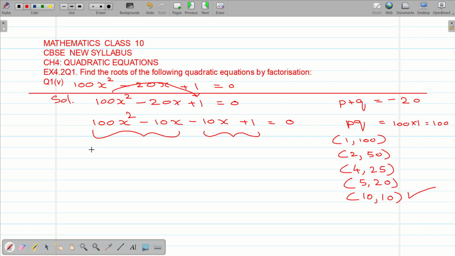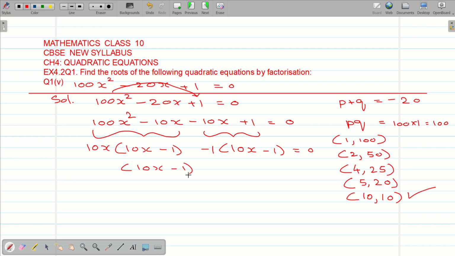From the first two, I can take 10x common, 10x minus 1. The next bracket should be 10x minus 1. For that I have to take minus 1 common outside, is equal to 0.